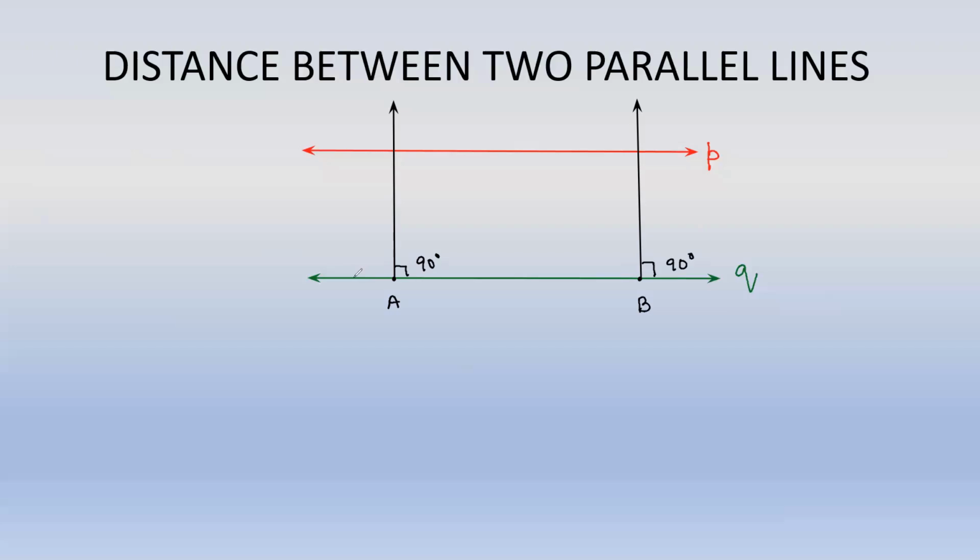We make a semicircle, then we cut at 60 degrees, then 120, and then finally at 90 degrees. So this forms a 90-degree angle. So the line from point A perpendicular to line P meets over here at point C. And again a perpendicular from B to line P meets at point D.